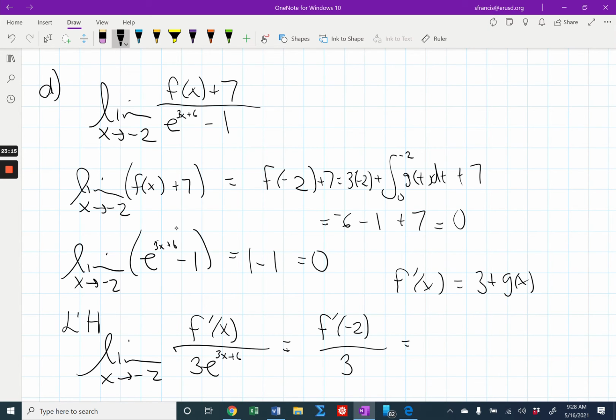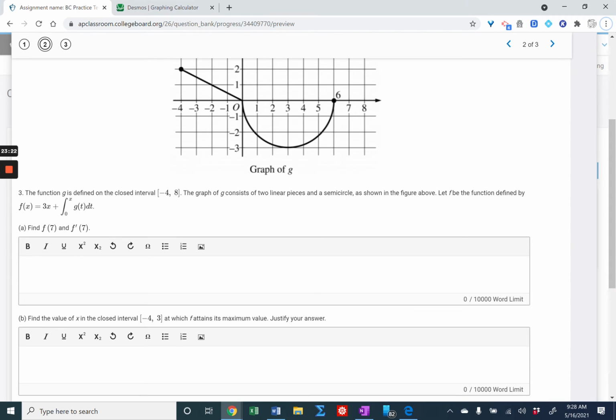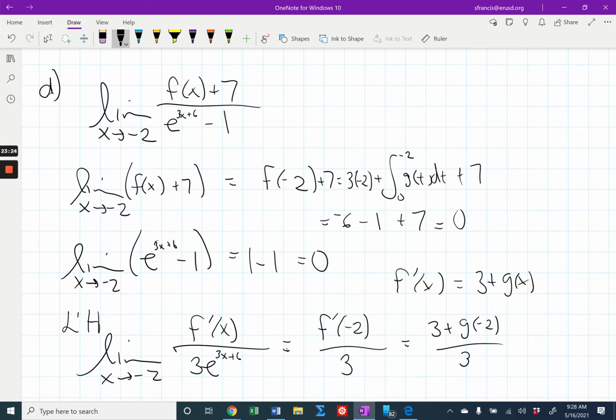So this is going to be 3 plus g of -2. Now if you go back to your graph, g of -2 is 1, so this is going to be 1 plus 3, or 4 thirds. My dog's in the background here whining to go in the house. That was like a 3-point question. 1 point for getting those zeros, 1 point for doing L'Hopital's, and 1 point for the answer. A lot of points on something that is not that challenging.